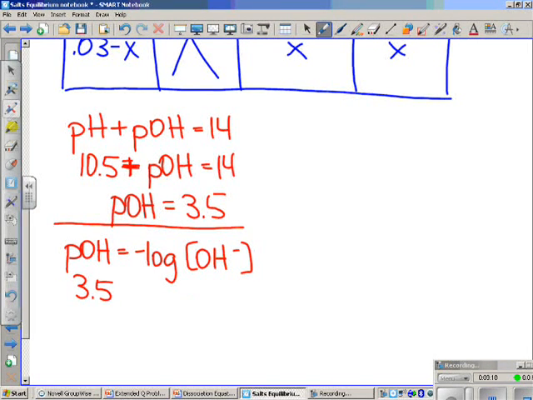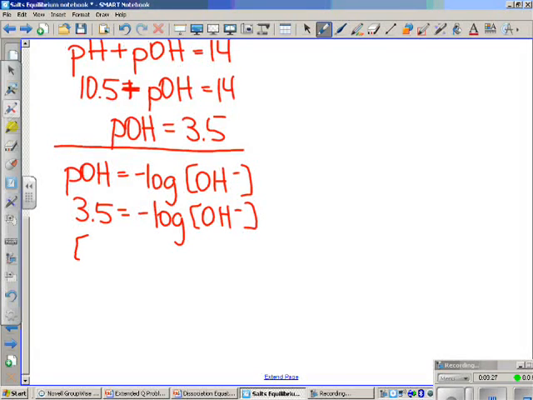I know it's 3.5. I'm going to take the inverse log of the negative of the pOH. I'm going to get 3.162 times 10 to the negative 4th, if I remember that right. That's my OH minus concentration.